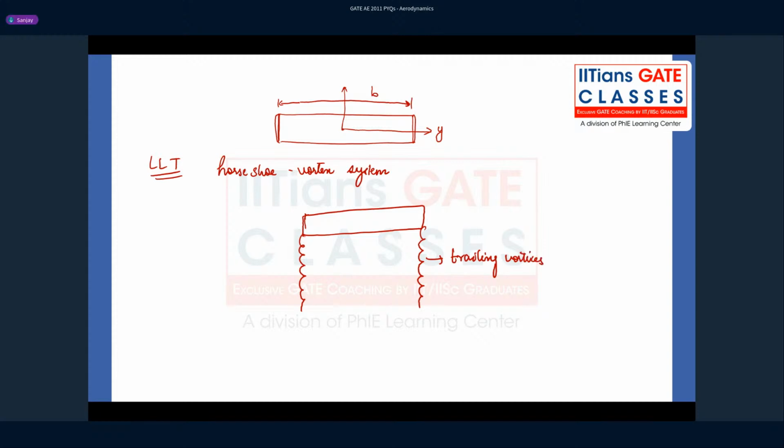And because of these trailing vortices, to satisfy the Helmholtz theorem, you know the Helmholtz theorem, you also have a bound vortex on this wing, which is in this direction. This is the bound vortex.